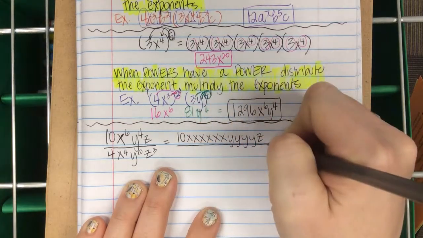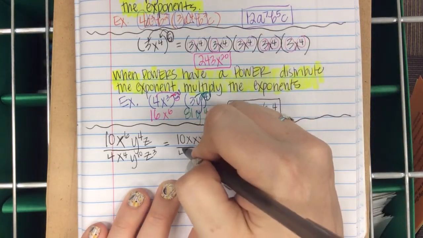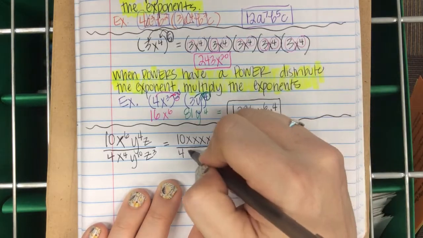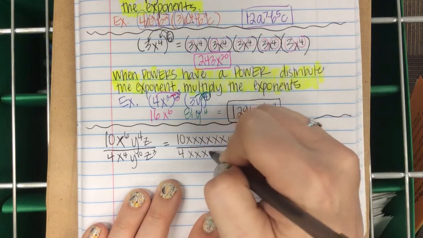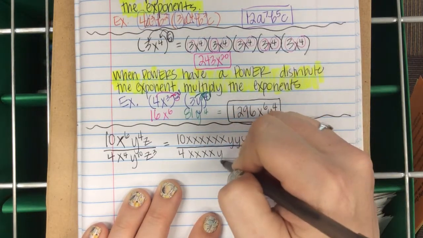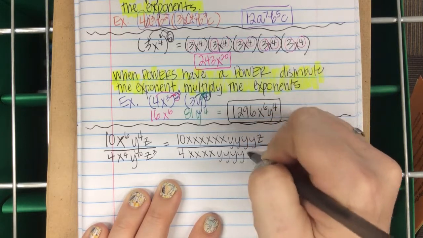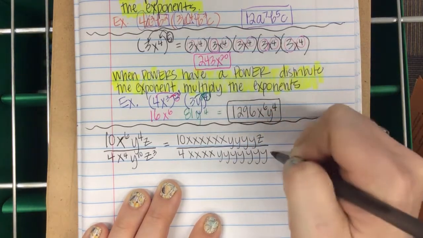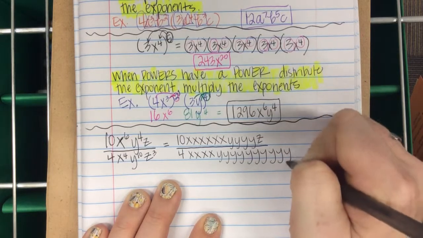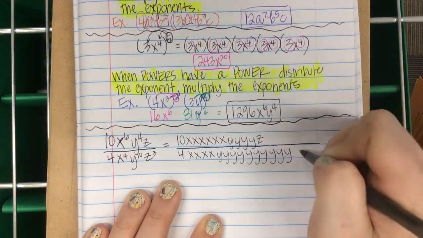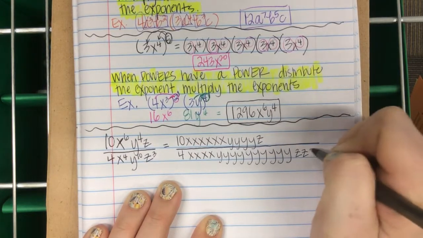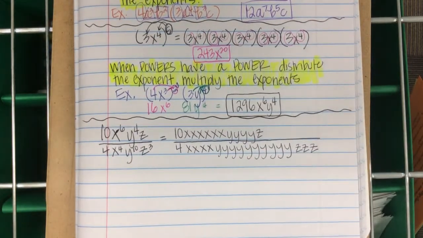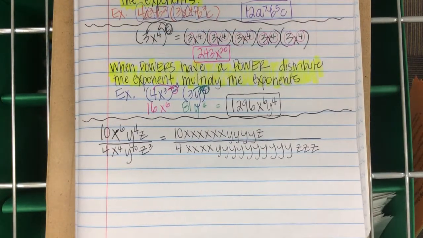Over 4, 1, 2, 3, 4, 1, 2, 3, 4, 5, 6, 7, 8, 9, 10. 1, 2, 3. So when in doubt, write it out.